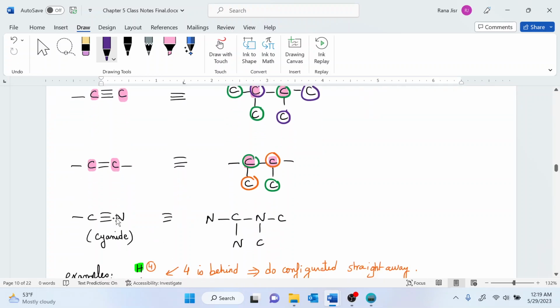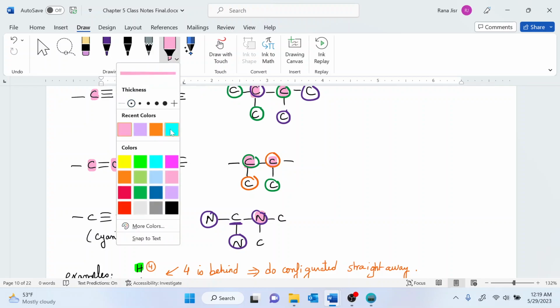Same thing for the nitrile, C triple bond N. So the nitrogen is connected to three carbons, and the carbon here is connected to three nitrogens. So the carbon is connected to three nitrogens, and the nitrogen is connected to three carbons.